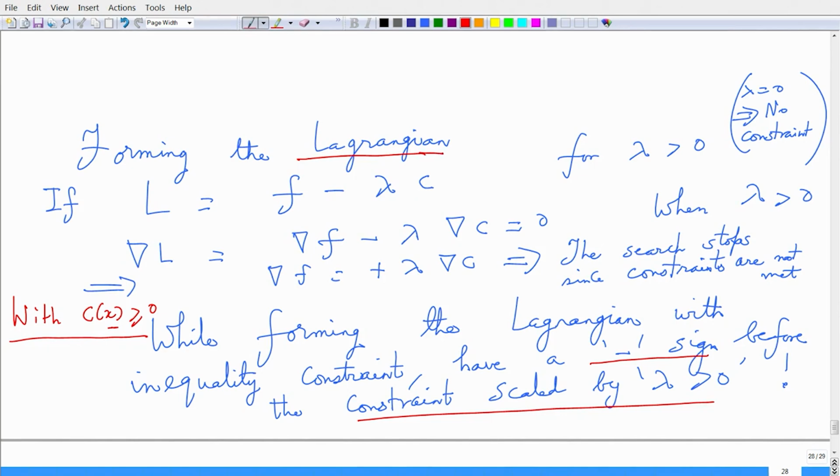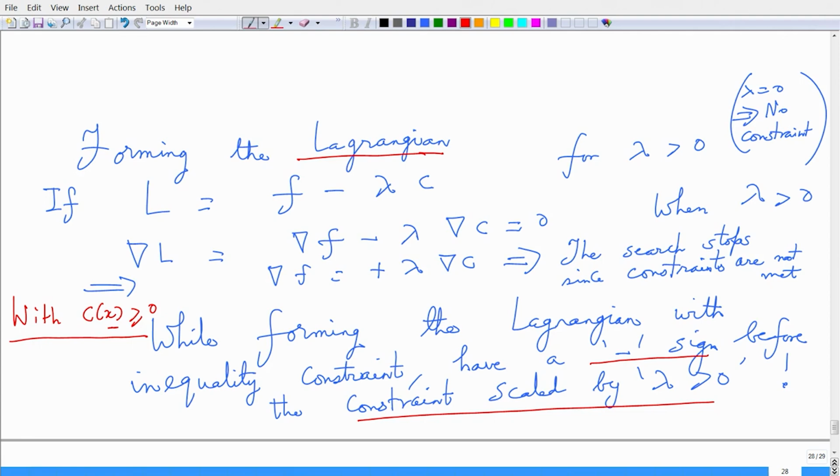Now, let us formulate L to be f minus lambda c. So, lambda is greater than 0, because if lambda is equal to 0, then we have no constraint, sort of. Now, del L, I take the gradient of L, it is del f minus lambda del c, which is equal to 0. That is how I need to compute my saddle point.